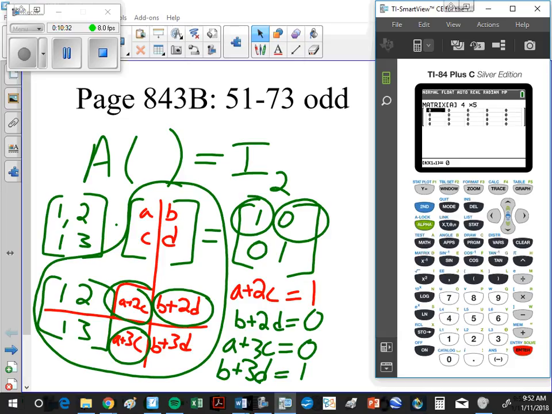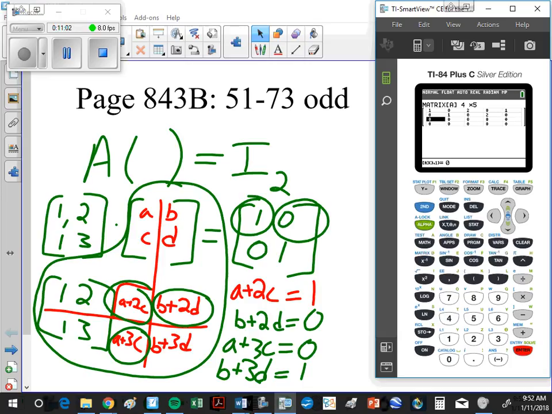Not 1020. 10201. Okay. And the next row? 0102. And you could do this through substitution if you wanted. But let's just use the matrix.